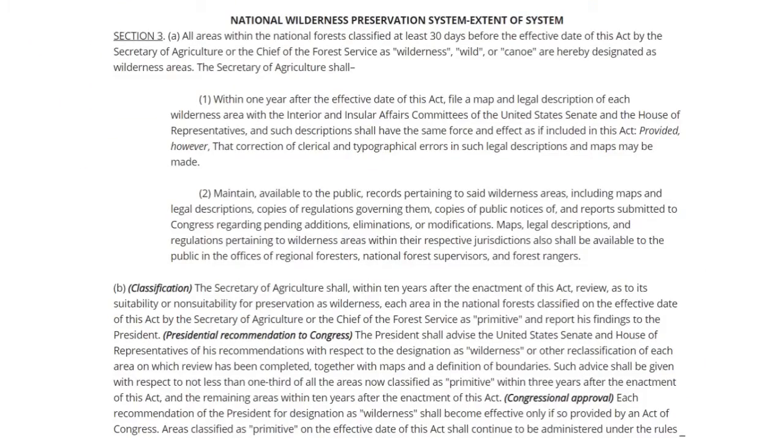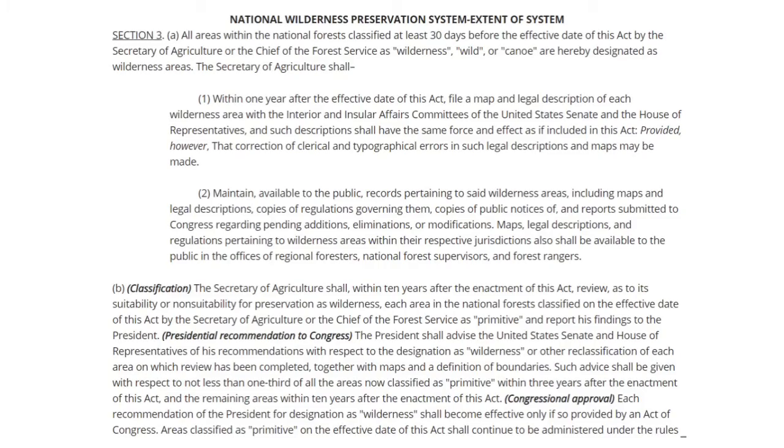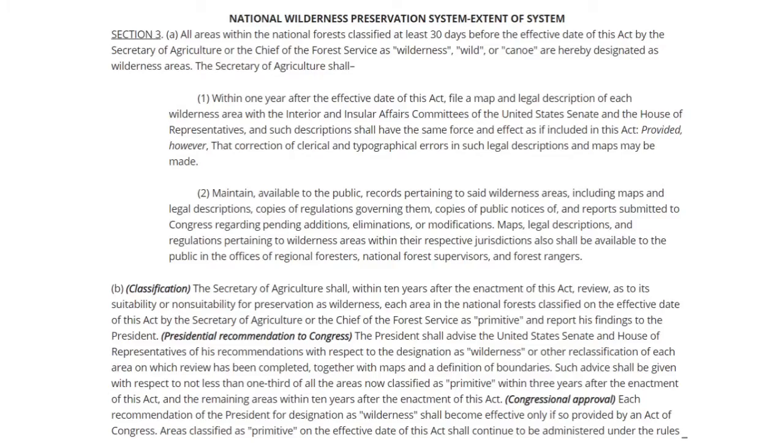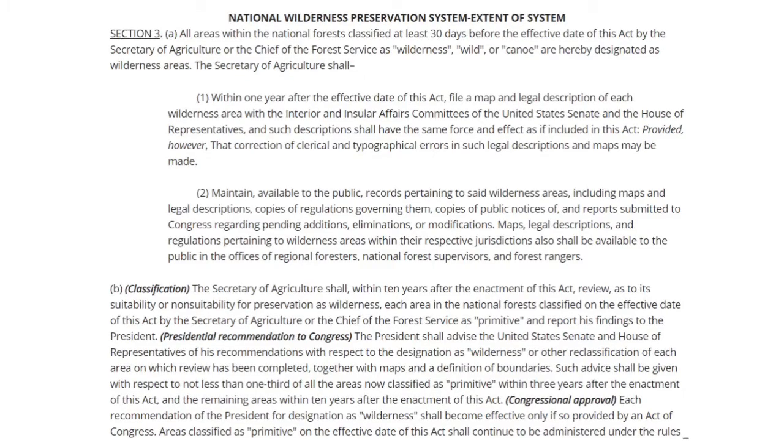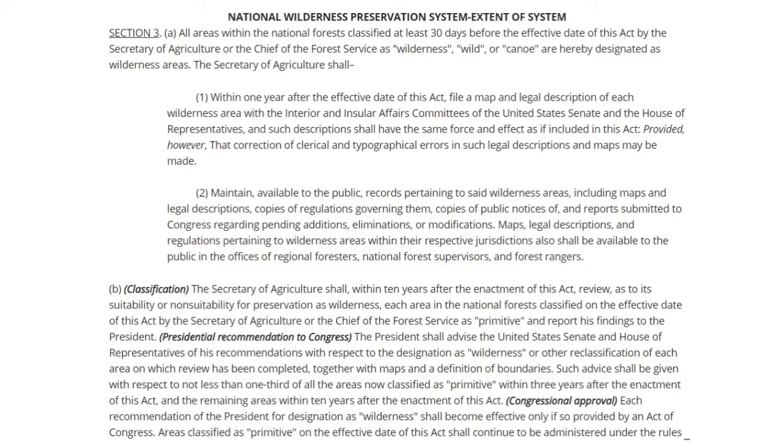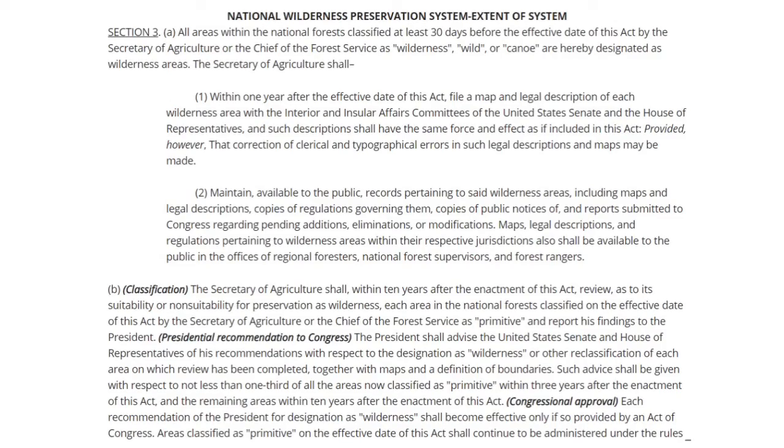Next, we get to Section 3 of the Wilderness Act. This begins the statutes, the actual terms of the act that dictate how the act will be implemented and how we have to behave in wilderness areas. It contains portions that describe what kinds of activities are allowed and what are prohibited in wilderness areas.